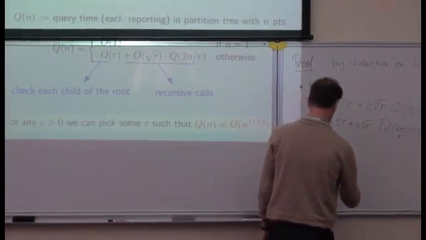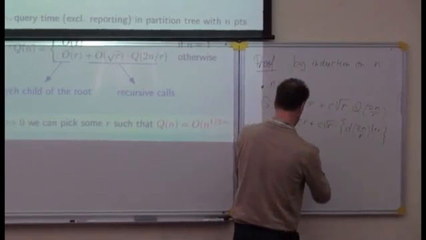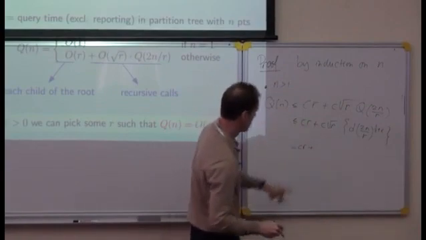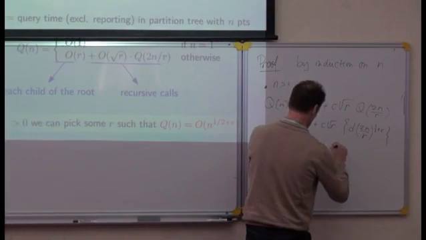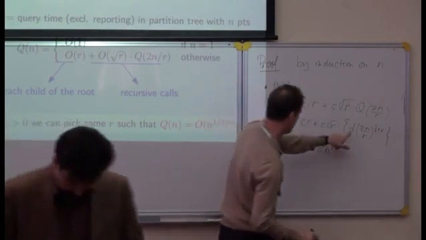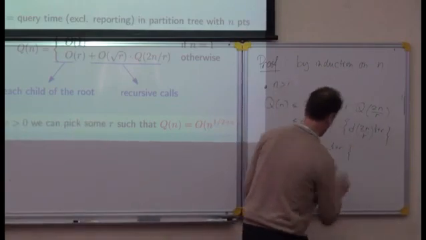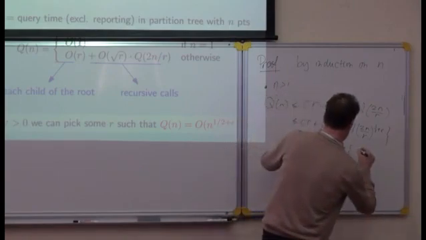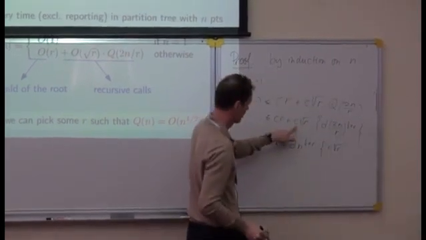Well, what do I get here? I get, let's say, cr plus d n to the 1/2 plus epsilon times c square root of r.